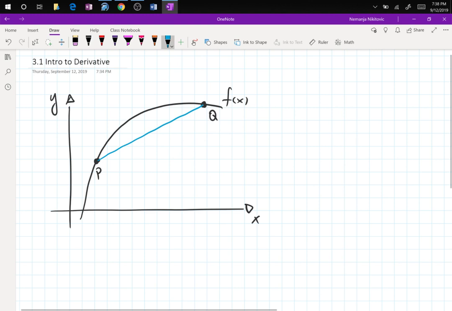What we are going to do now is let this Q move on the x-axis. As it moves to the left, Q will start approaching P. Over here, Q has the x value and P has the a value. So you see that x goes to a.